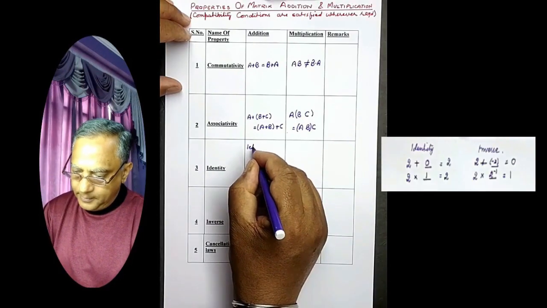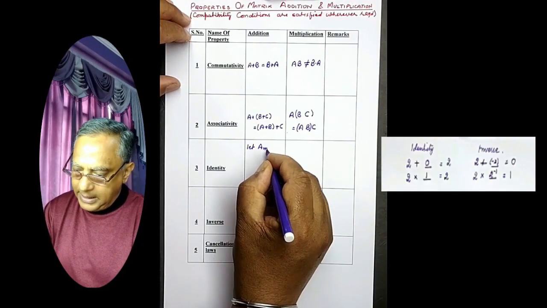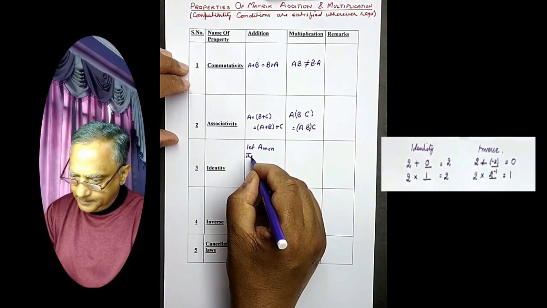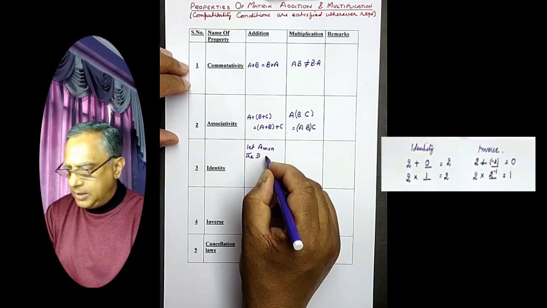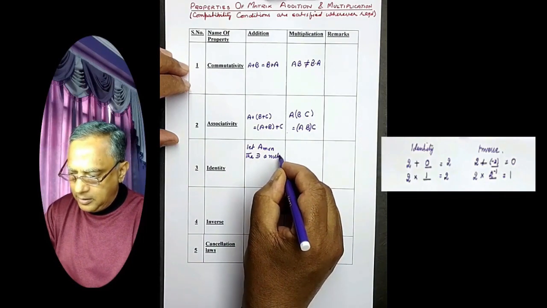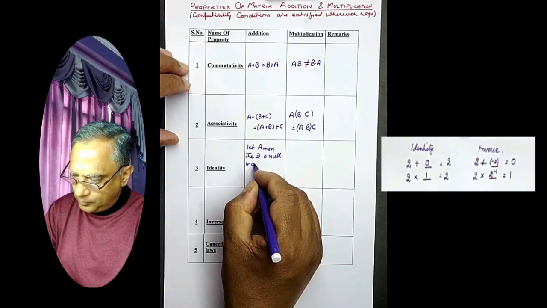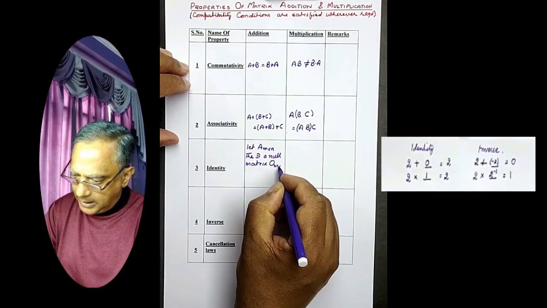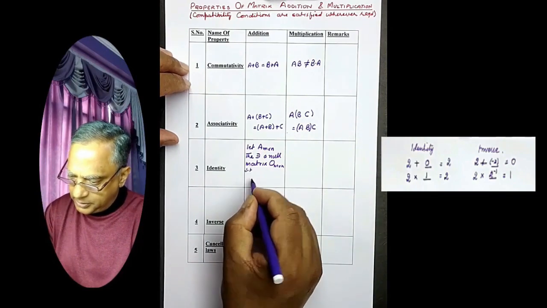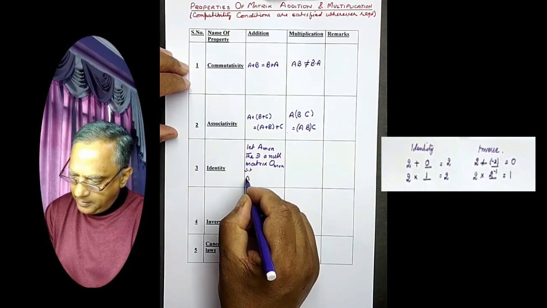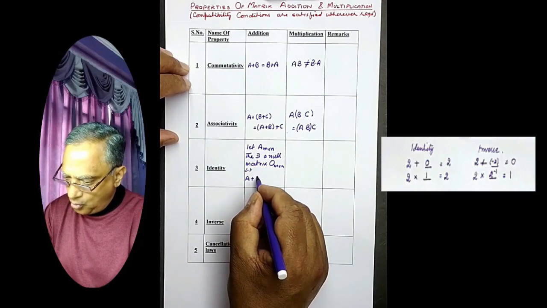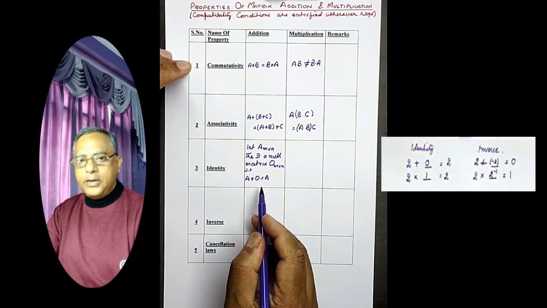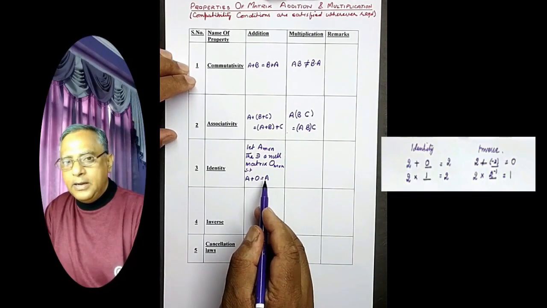Let A be an n cross n matrix. Then there exists a null matrix O of order n cross n such that A plus O is equal to O plus A is equal to A. It leaves it unchanged.